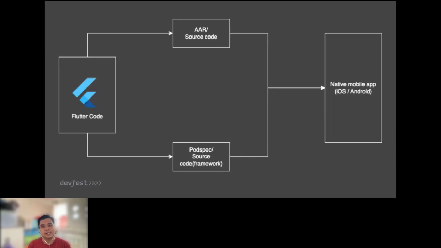AAR here is basically the packaging type for Android libraries. If you are familiar with Java, you might know JAR. So this is basically similar to it. And if you're targeting iOS, you could build your Flutter app into a podspec file, which later you can depend on in your native mobile app, in this case, the iOS app.